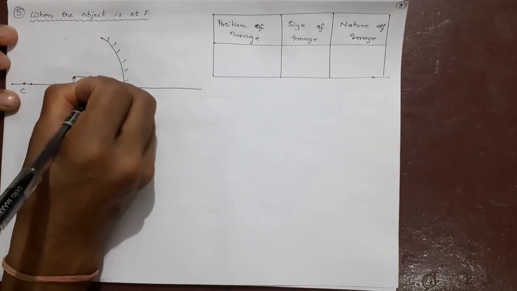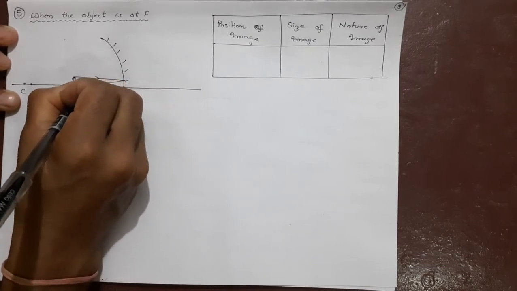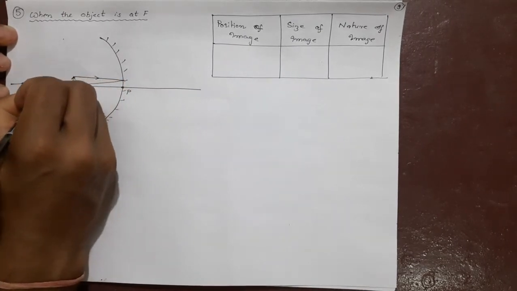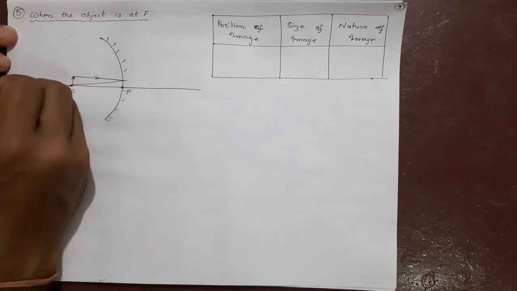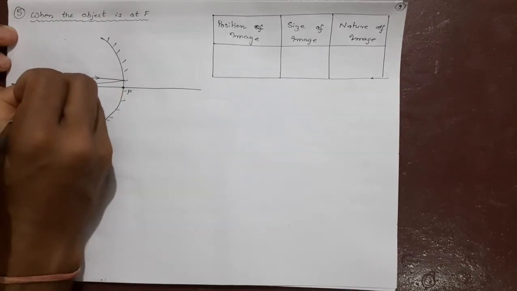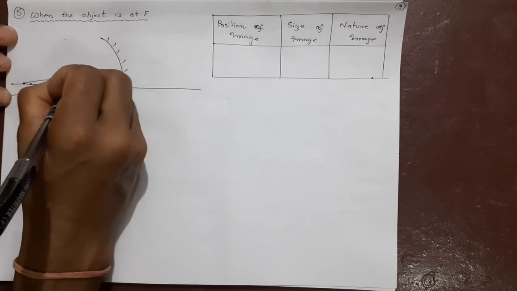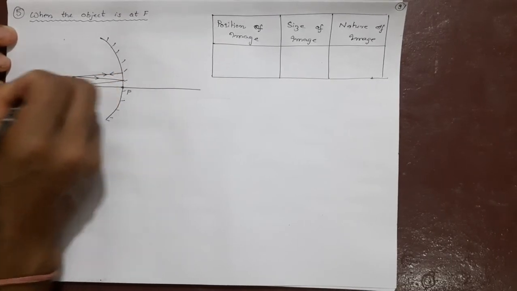It will go here and it will come back in the parallel way, right? Done. And the second one is from the center of curvature. From the center of curvature, hitting the top, going there and coming exactly like this.